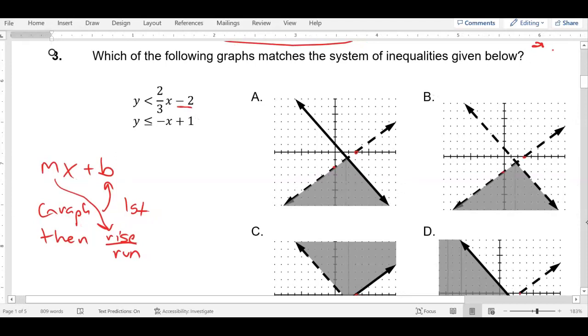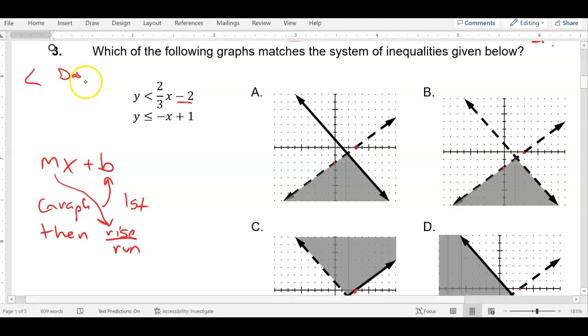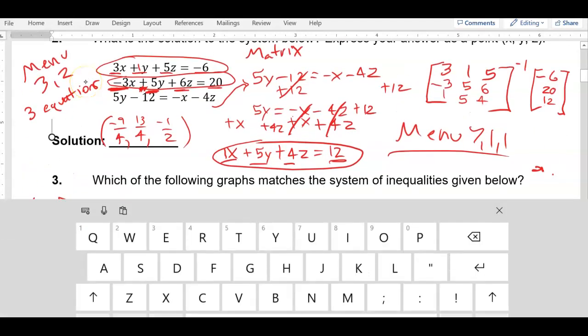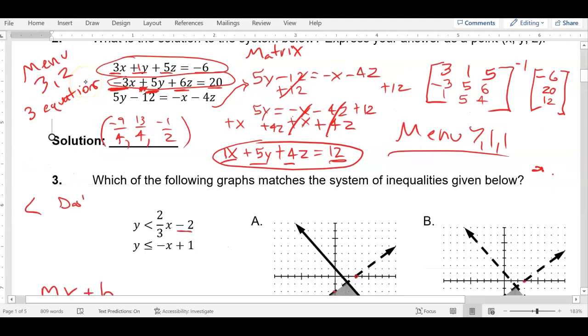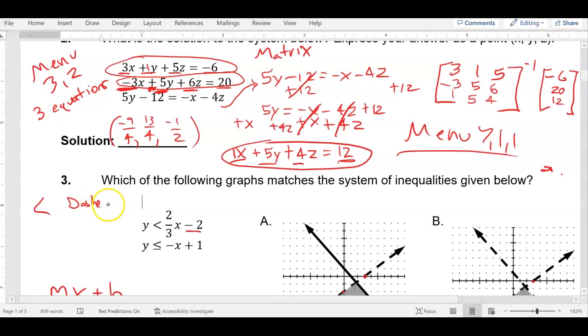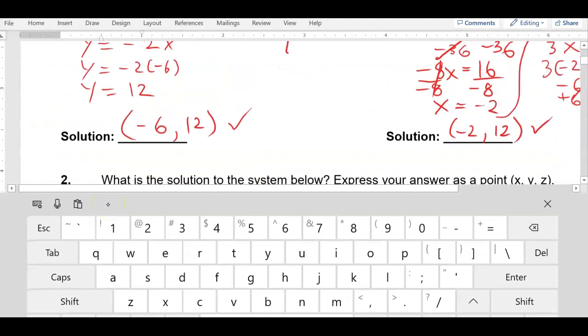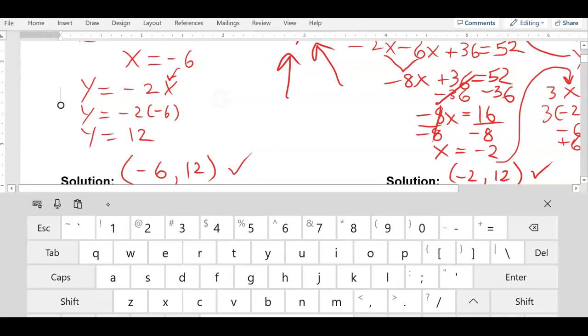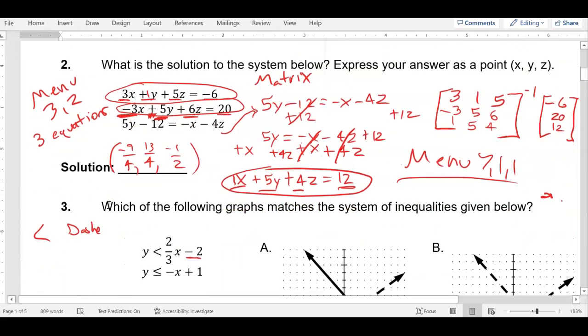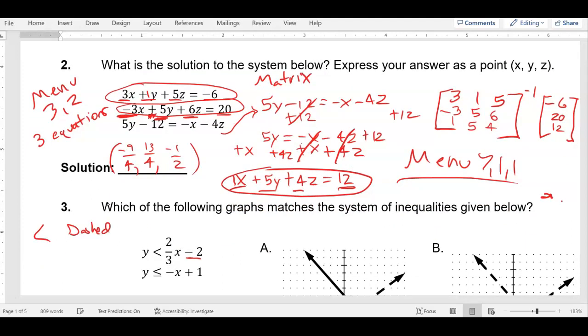Okay, so if it is less than, then that means it's dashed. It's dashed and shaded below. And then this one is going to be solid and shaded below.